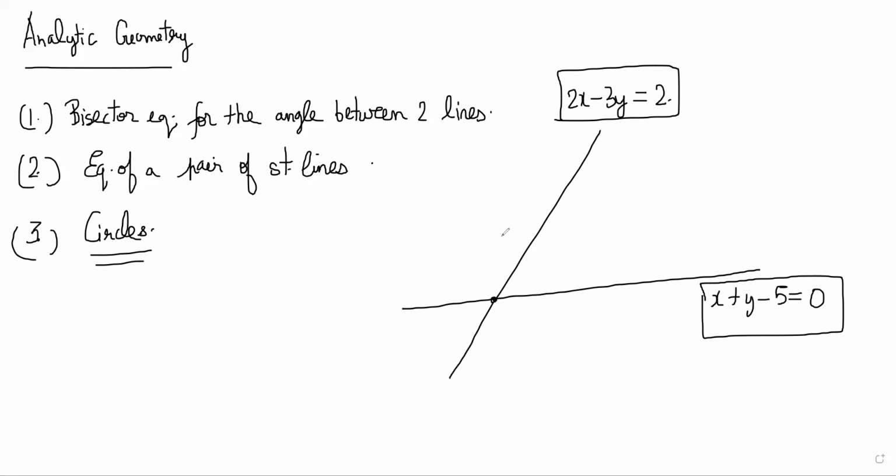So we can find this point of intersection by just solving these two line equations, correct? Okay, so now obviously there is some angle here at the point of intersection. What we want to find out is the equation of the line which is the bisector here.